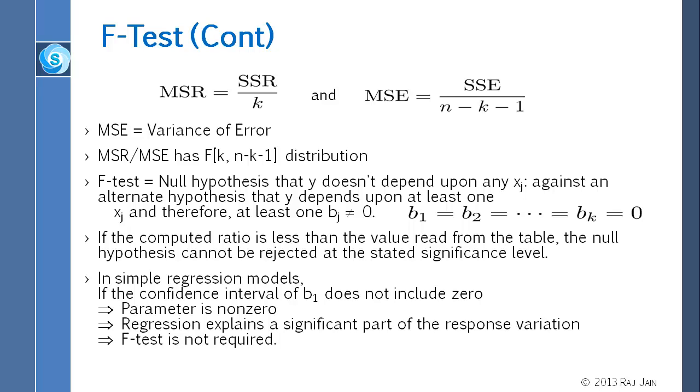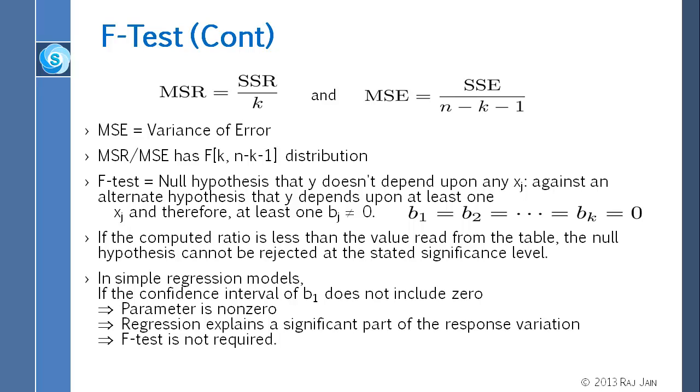So we divide SSR and SSE by those. If we take the ratio of these two, by the way, these are called mean squares due to regression and mean squares due to errors, right? The ratio has an F distribution with k, n minus k minus 1 degrees of freedom. This is the numerator, this is the denominator.